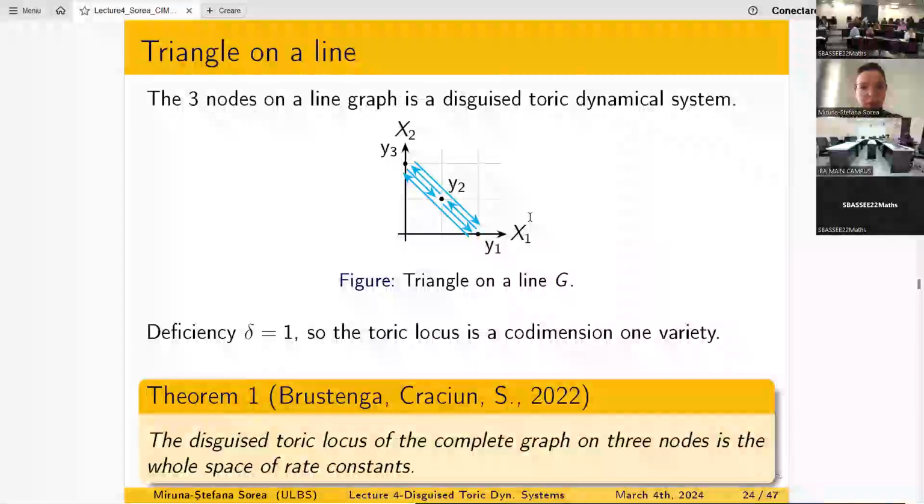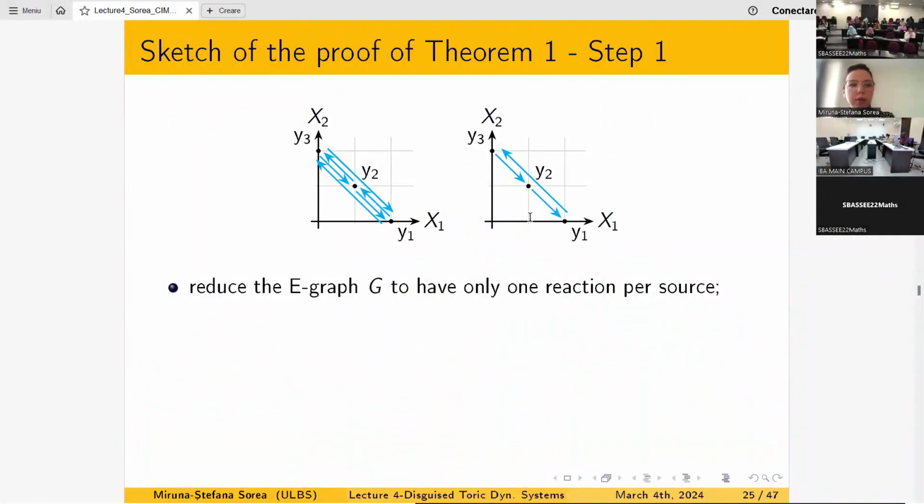So how do we do this? Now we can think of this in terms of, again, a graph. The first graph is our network. What we can do, and that's the general idea, is to find a different graph, sometimes simpler, though in another example we see that sometimes we complicate the graph. But in this case, first we simplify it. How can we do this? We reduce it to have only one reaction per source.